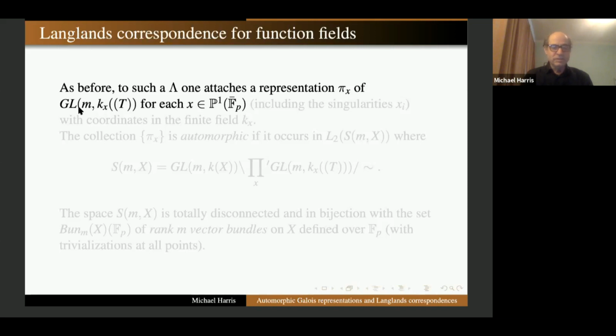The local Langlands correspondence is known, so we have a homomorphism, a representation of the local Galois group, and therefore an m-dimensional representation, and a representation pi x of GLM, which we can think of as a complex representation. Theoretically, we should have a QL bar representation. We could call it a complex representation. And note that we include the singularities, so it's a ramified representation. That is to say, it need not be principal series and need not be induced from the upper triangular subgroup.